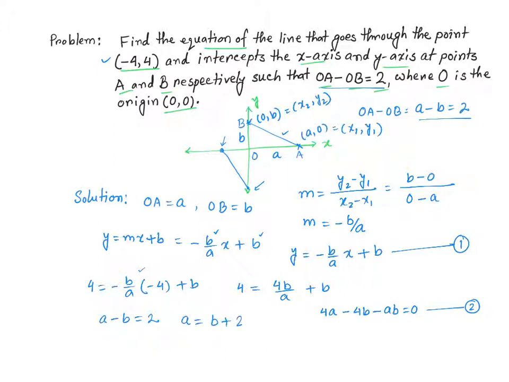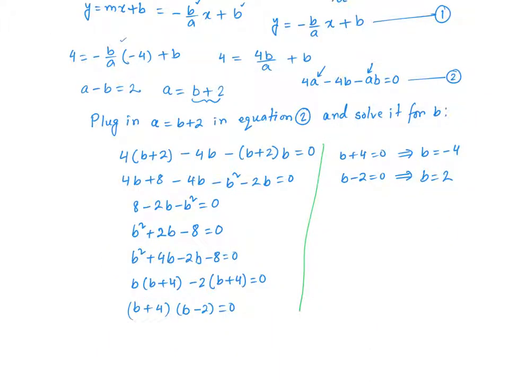Now I'm going to take this b plus 2 for a and plug it right in here and then try to solve it. Once I plug in a is equal to b plus 2 into this equation, I get the following. Basically just plug in b plus 2 every time you see a, which is here and here.